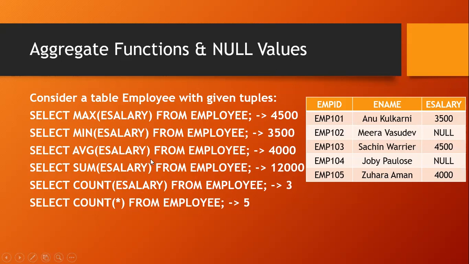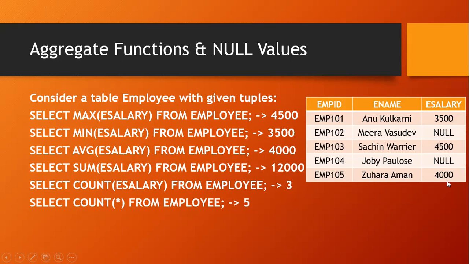Average salary. Average salary means what? It will return the average salary in that particular column. So how to calculate the average? Average means the sum of the items divided by the total number of items. First we calculate 3,500 plus 4,500 plus 4,000.